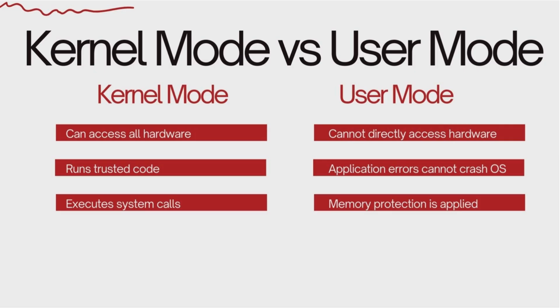User mode is the normal mode where applications run. The program has limited access and cannot touch the hardware directly. If a program crashes in user mode, only that program stops and the rest of the computer stays fine. This is the key for stability.